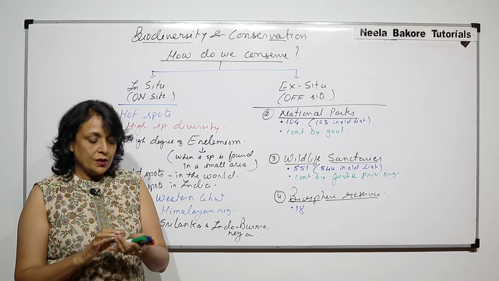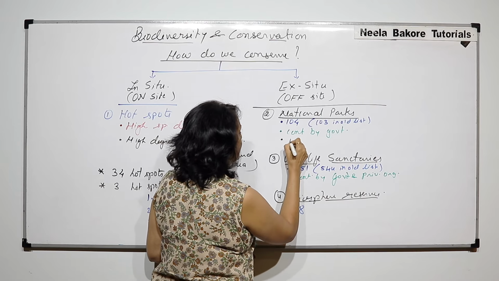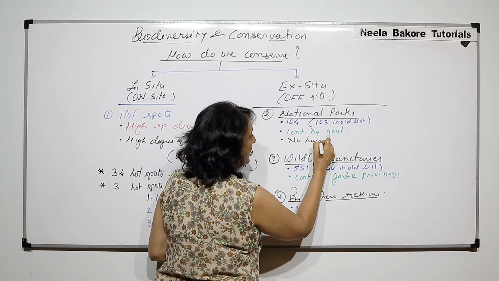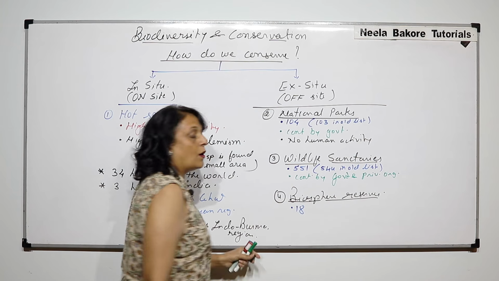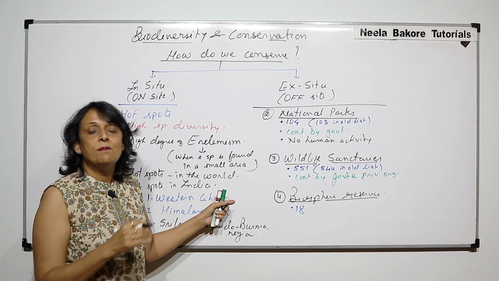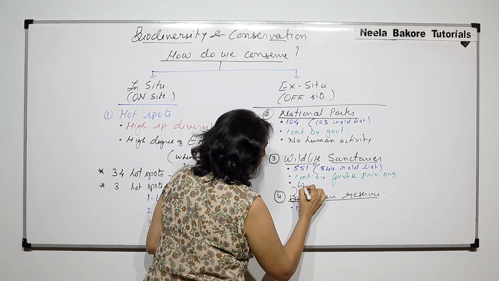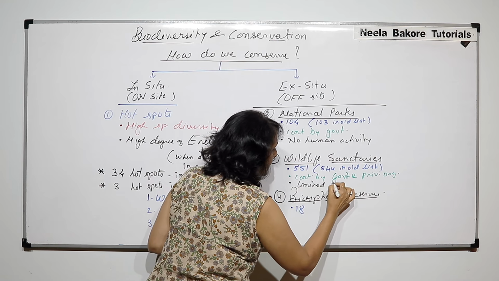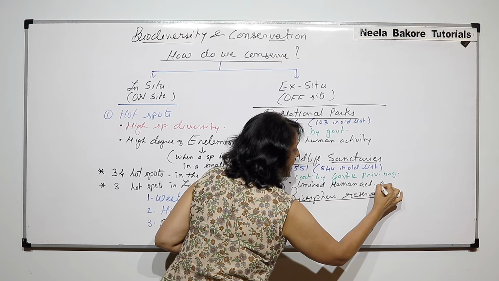In national parks, there is no human activity which is allowed. No human activity like agriculture or collection of timber, nothing is allowed. Whereas in wildlife sanctuary, limited human activity is allowed.